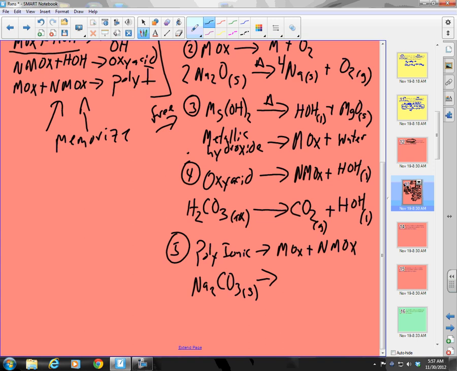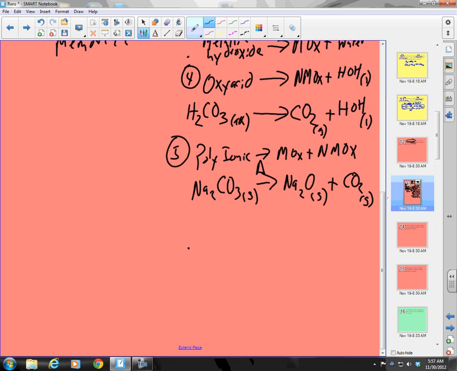It's going to decompose, usually in the presence of heat, to form a metal oxide. What's my metal oxide? How about Na2O, solid, plus a non-metal oxide. What's kind of left over? CO2 gas. Yoink. There we go. Woohoo! And those are my decomp reactions.